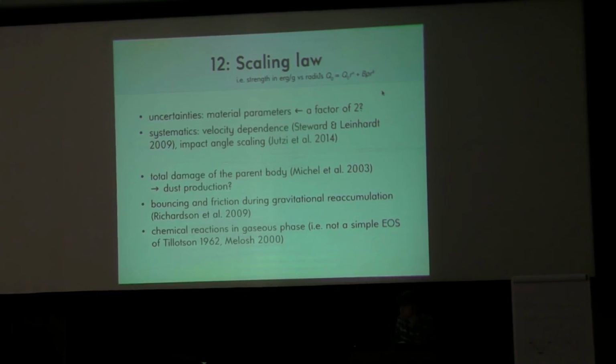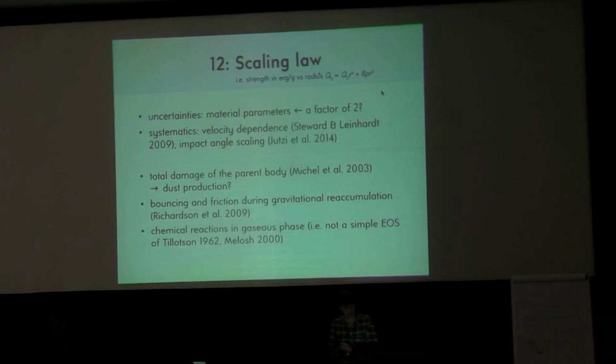Moreover, let me warn you that often the models indicate the total damage of the target. It may mean that we actually produce a lot of dust, and dust behaves differently than individual particles. These are clouds of dust. We do not account for bouncing and friction.